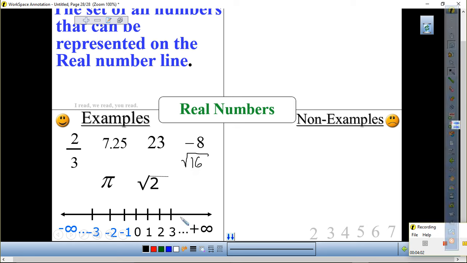Now check this out. A common mistake that people do with square roots is that when you see the square root, some of you think of dividing by 2. I don't know why. That's a common mistake. But from now on, I want you to think of square roots as a number times itself to give us this number. Therefore, square root of 16 is what number times itself?